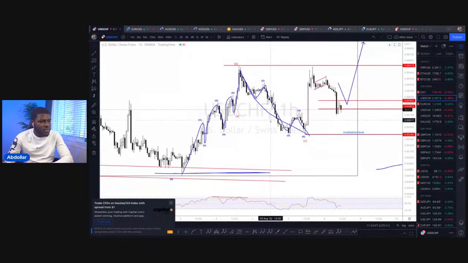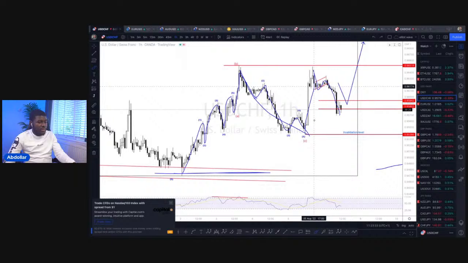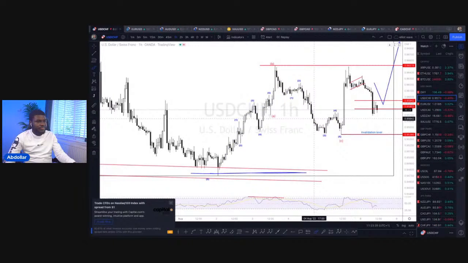So if this is 1, 2, 3, 4, 5, then I can say we have started another impulse to the upside. This is wave 1 and this is an ABC correction, and I think the correction should be reversing in any region here. So that is what I am anticipating, guys. The invalidation level for this first scenario is going to be here. If the market can break below here, then that analysis will fail to hold.